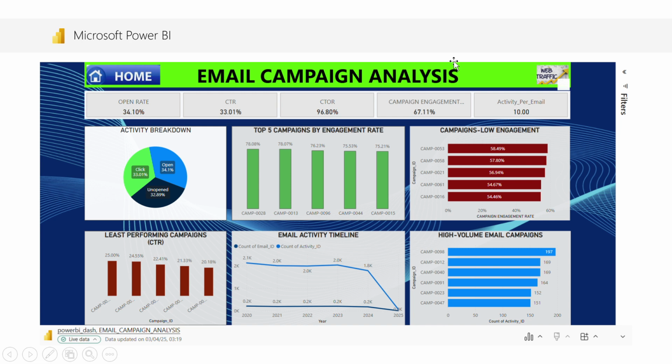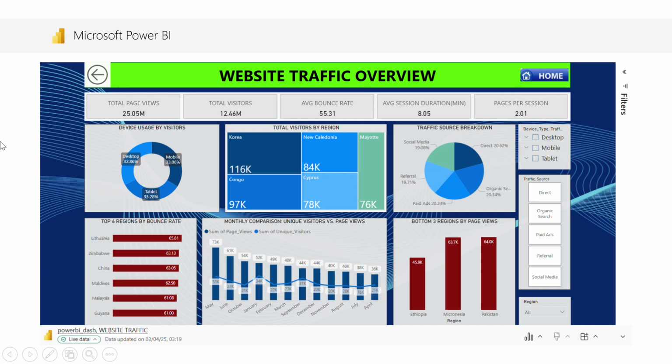Now I'll go into the web traffic analysis for the digital marketing campaign. We have total website page views of 25 million and total visitors of 12.46 million. Views means the same person can view it again and again, but total unique visitors is 12.46 million.